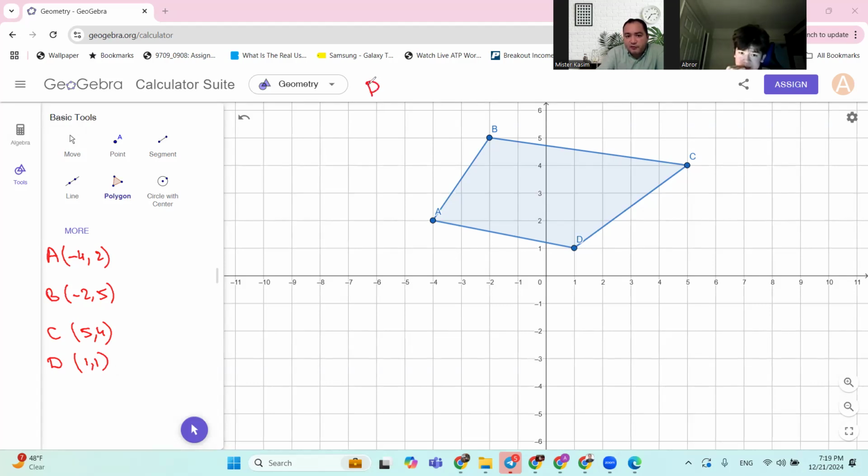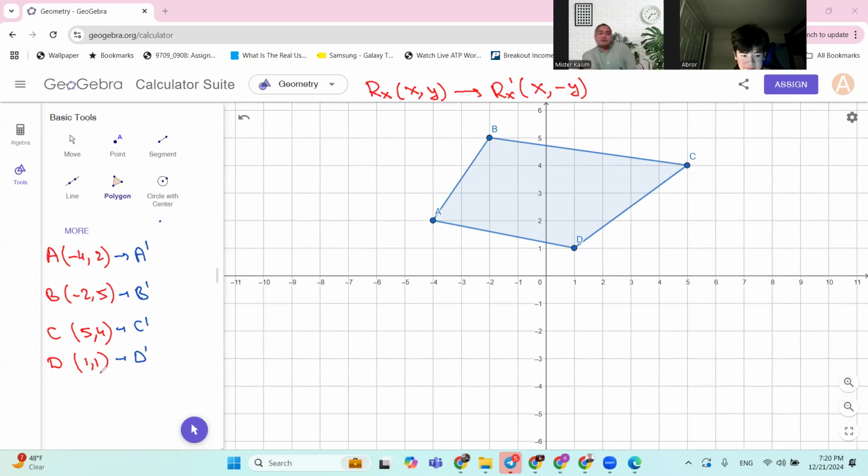Now we know the reflection formula about the x-axis, right? What is the reflection formula about the x-axis? If it is (x, y), its reflection becomes (x, -y). Only you need to multiply the y coordinate by negative. So here we have this ABCD, the pre-image, and its image will be, usually we use prime: A prime, B prime, C prime, D prime. What is A prime?